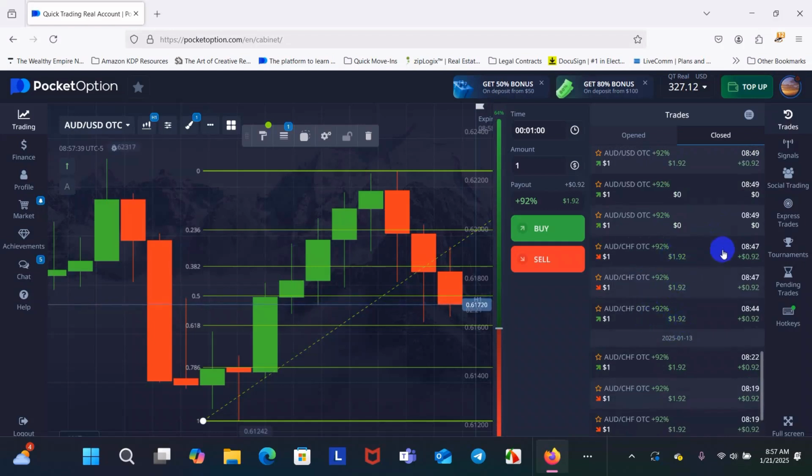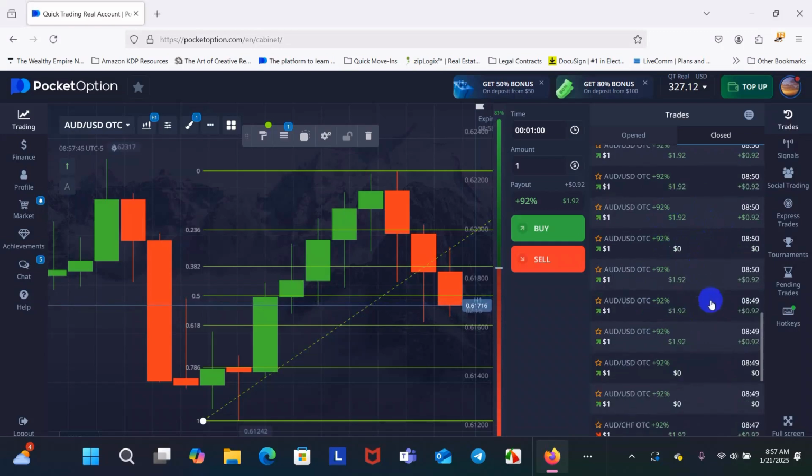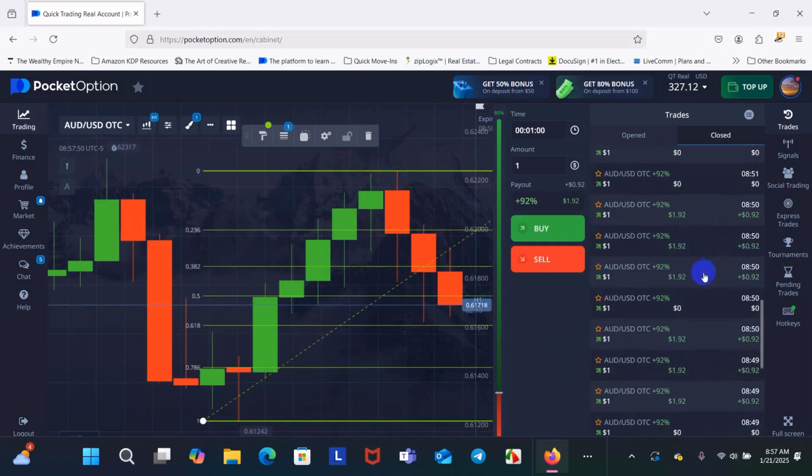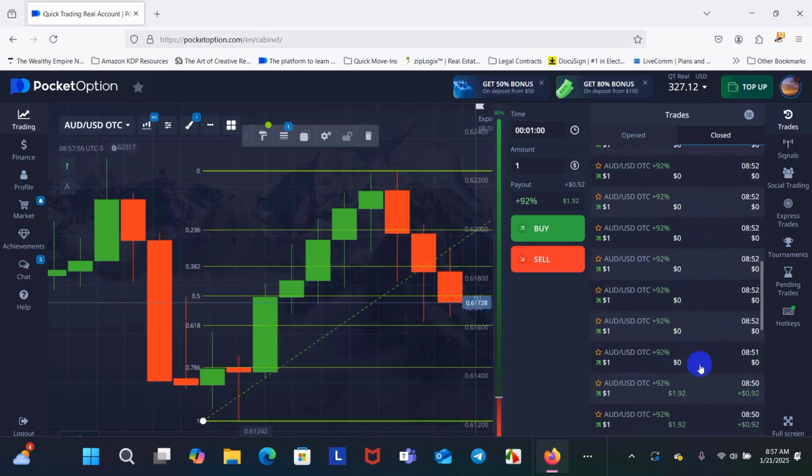Our first 3 trades we won, then we lost 2, and then we won 3 after that, lost 1, we won 3 after that, and then we kind of went on a losing streak here. I just think the reason why we went on this losing streak is because of the timing. And if we had had the perfect timing, then these trades would have definitely went in our direction.